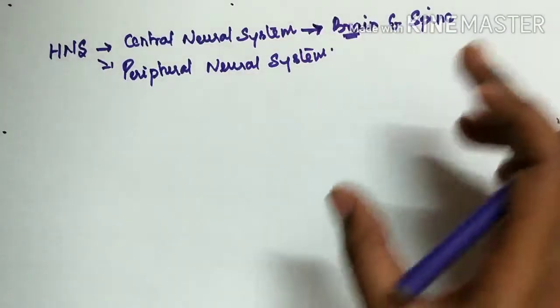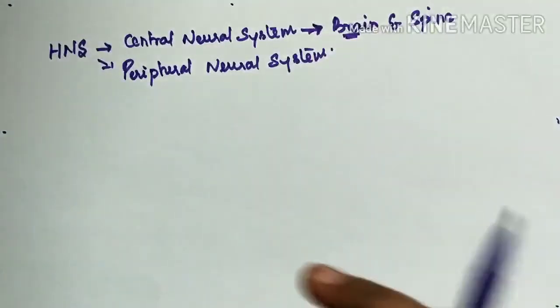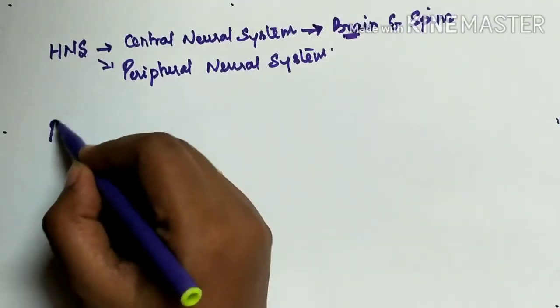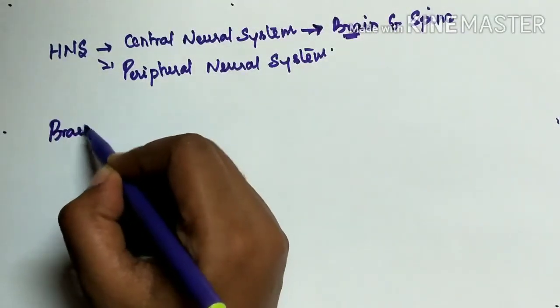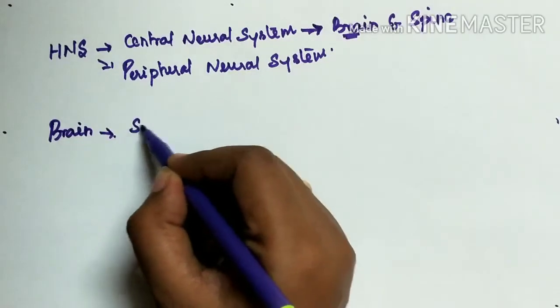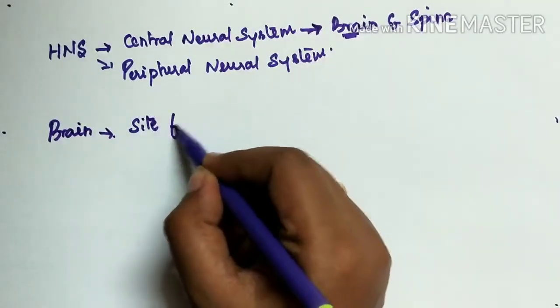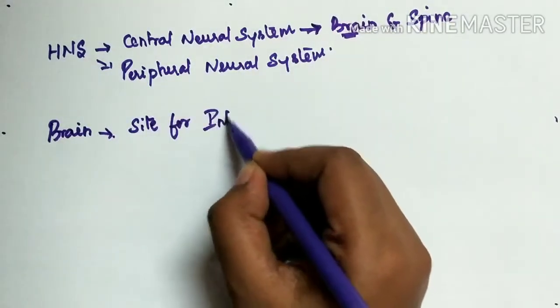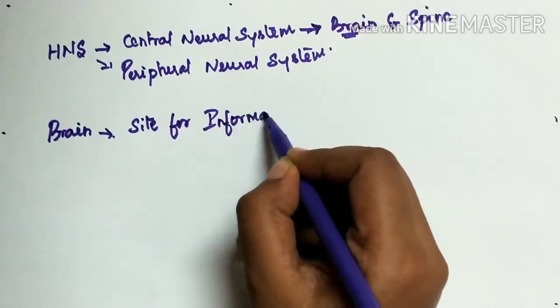So, a brief outline of the brain. When we talk about the brain, it is a site of information processing and control.